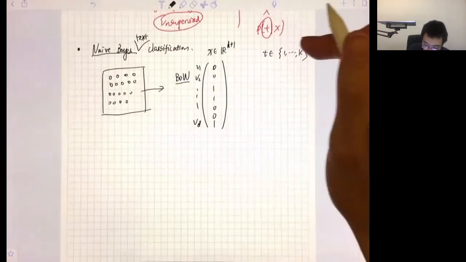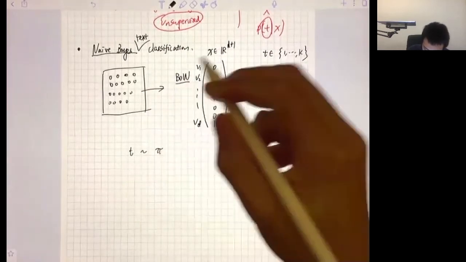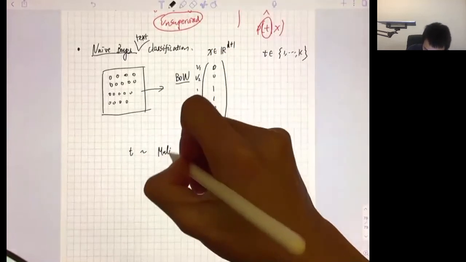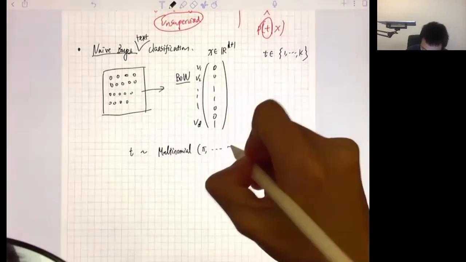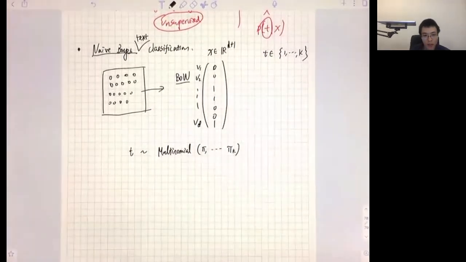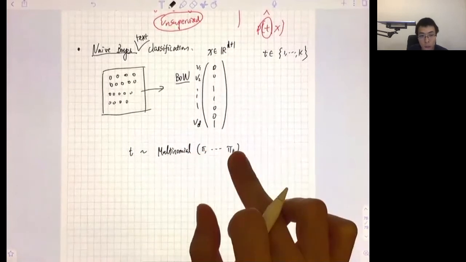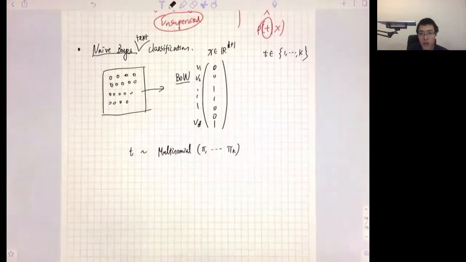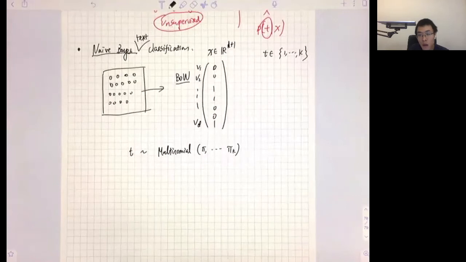Then the naive Bayes model says, first, I generate T from a multinomial distribution of pi 1 up to pi k. It's the same as the Gaussian discriminant analysis: we first generate the target based on the categorical distribution. But then when we generate data, I cannot generate the data from a Gaussian, because 0, 1 indicators are definitely not Gaussian.